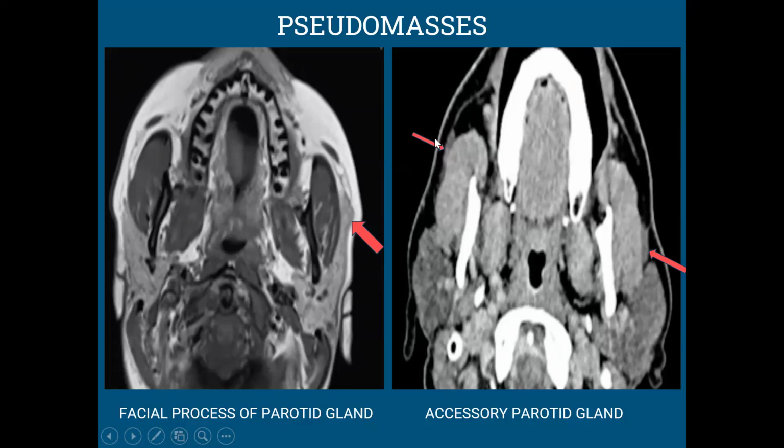These are examples of accessory parotid gland tissue. We have the normal parotid glands here, and we have the accessory tissues here anteriorly. Again, any pathology arising from this will originate from the parotid, but may be mistaken for masticator space pathology, going by the location of the mass.